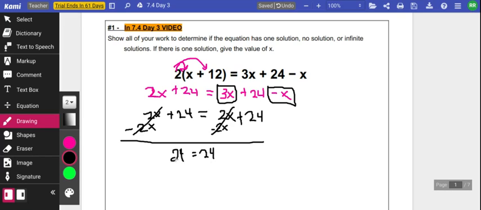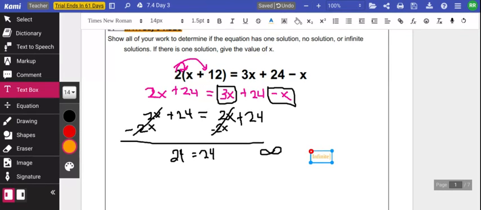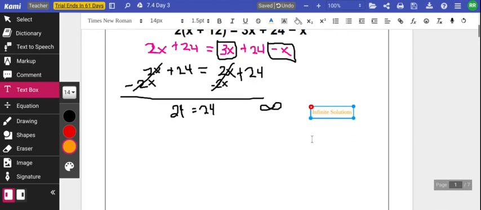And so if you have some number equal to that exact same number, that means there are an infinite amount of solutions. So you can write the infinity symbol, the sideways 8, or you can use text box and type in infinite solutions. This tells us that no matter what value we put in for x, the left side will always equal the right side. That's why there are an infinite amount of solutions.